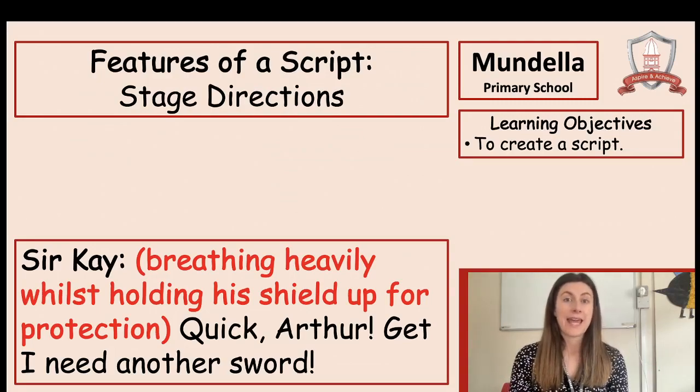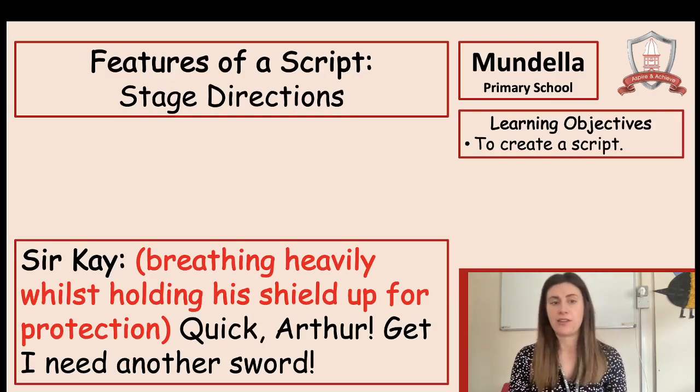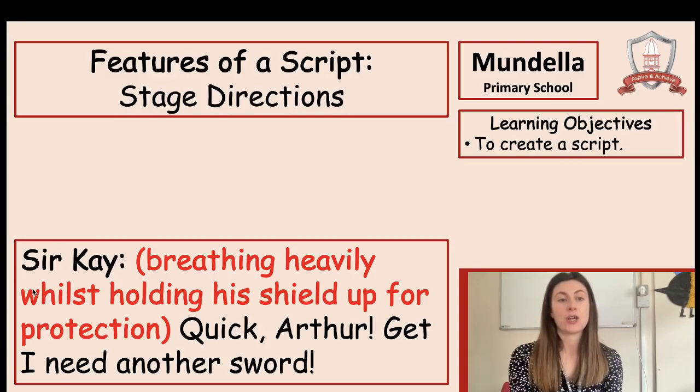So when Sir Kay says this, he wouldn't say the whole thing. He doesn't say, Sir Kay, breathing heavily whilst holding his shield up for protection. Quick, Arthur, get me another sword. He doesn't say that. He just knows. So Sir Kay shows who's talking. These instructions in brackets are just how he does it, so how he's reading it, or what he's doing as he reads it.